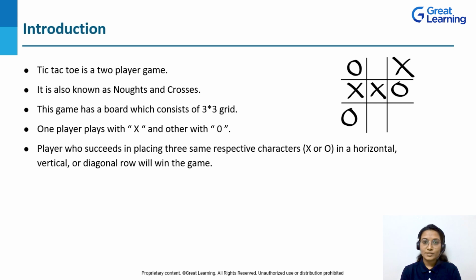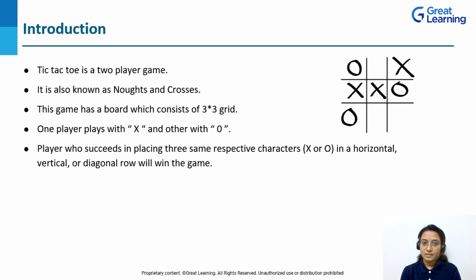Apart from this, we also have a board or a grid that is in 3x3 format. That means 3 rows and 3 columns. So we also call this game noughts and crosses. A player is considered to be a winner only when either of the characters X or O is placed consecutively in 3 places, whether it forms a vertical, horizontal, or diagonal arrangement.